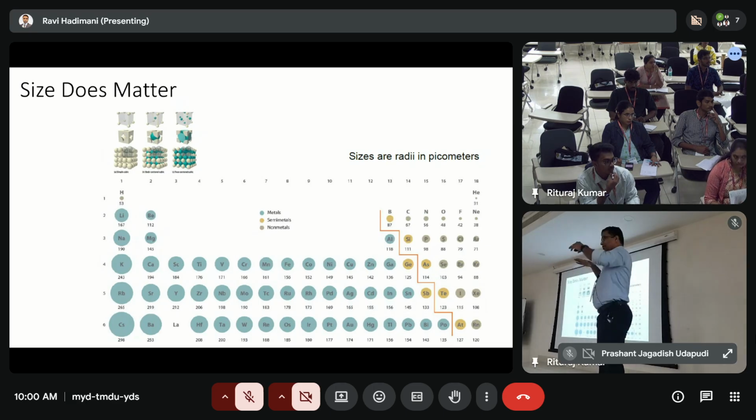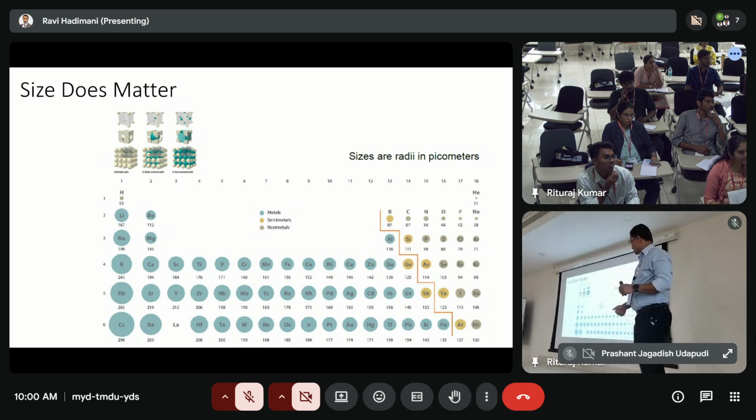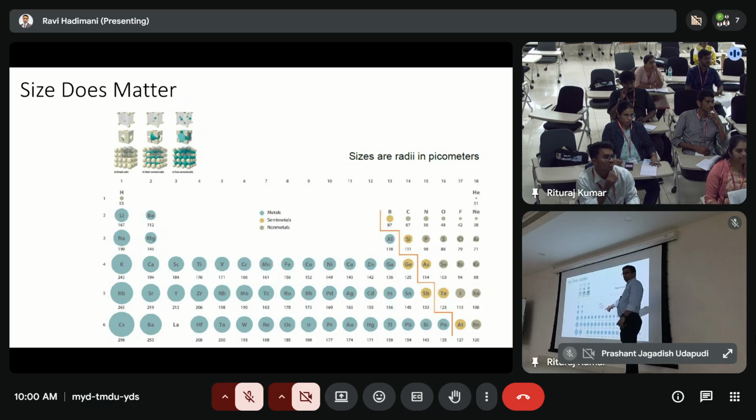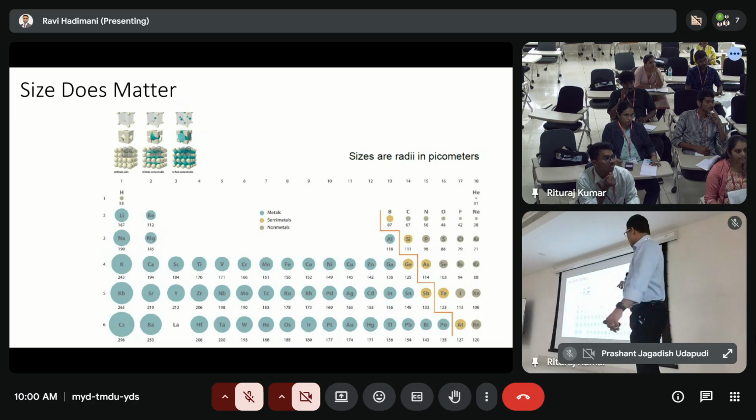Just like that, if the atoms on top are much smaller compared to the larger atoms at the bottom, then you start to introduce stresses. So it's very important to match the atomic radii of the substrate to the film you are depositing.